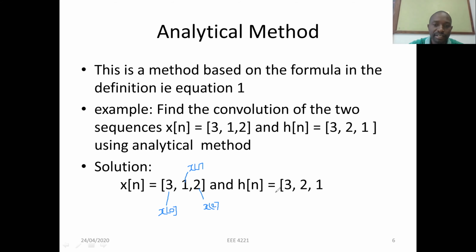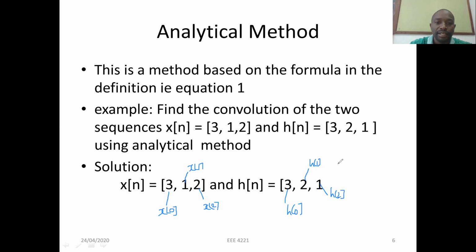Equally, under the second signal, it's important to notice that the 3 will be at position h of 0. The 2 here will be at position h of 1. And the 1 will be at position h of 2.